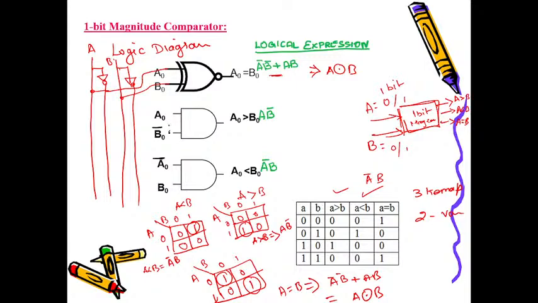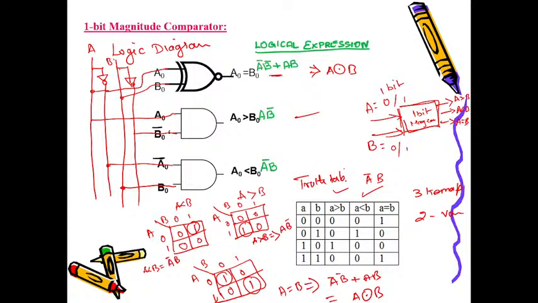And this is A B bar, A B bar, and here A bar B not. So like this you can draw. This is also right and that is also right. So first you always have to come out with a statement. Second, your block diagram. Third, the truth table. This is your truth table.